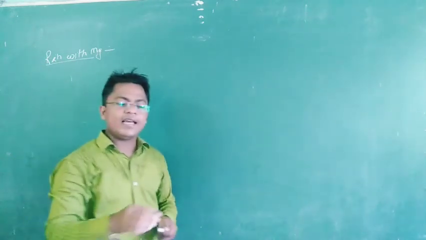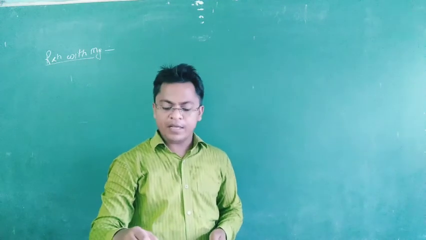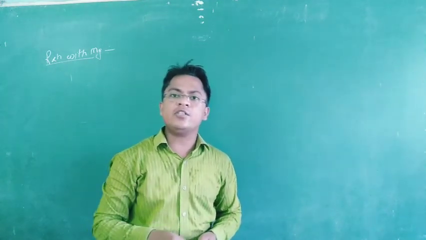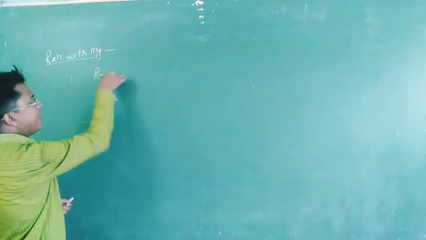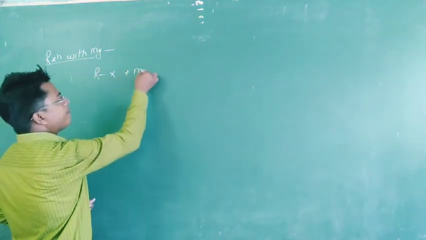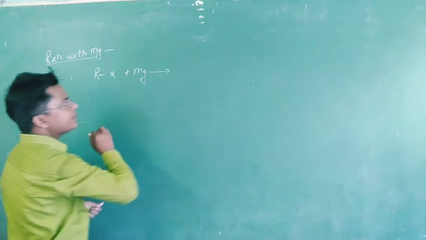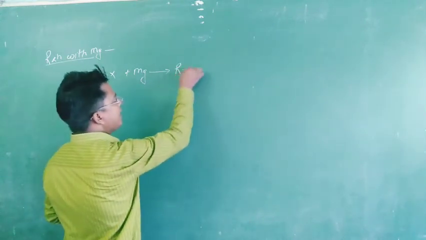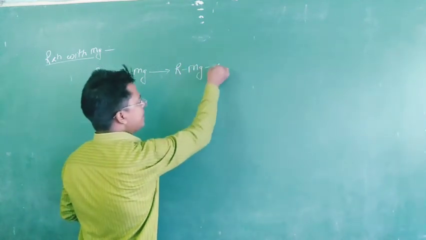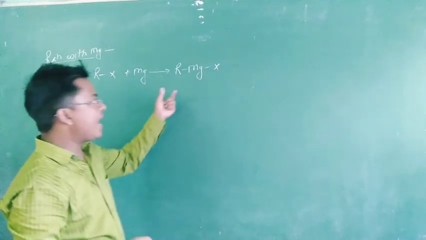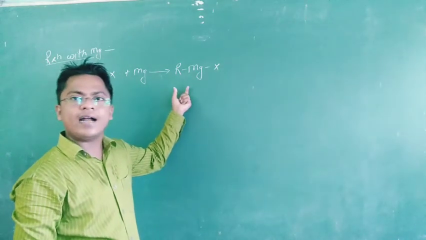When alkyl halide reacts with magnesium, then Grignard reagent is obtained. RX plus magnesium, RMgX will be obtained. RMgX is called Grignard reagent.